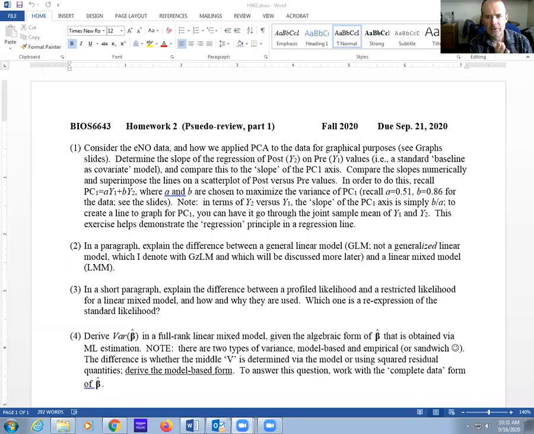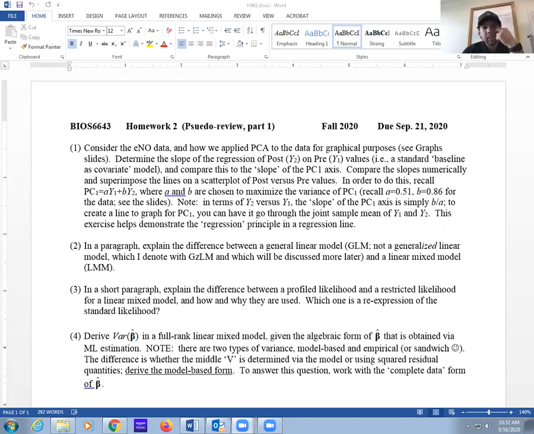So the way to anchor it was to have it go through the mean of those points. So it's not really conditioning; it's the unconditional mean for the pre values and the unconditional mean for the post values. That's a way to figure out the y-intercept value for the points.